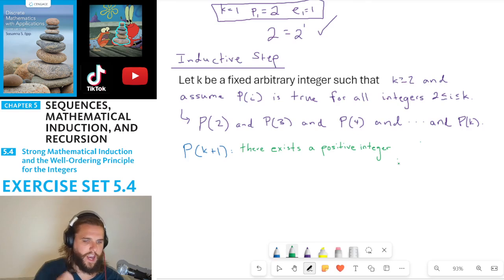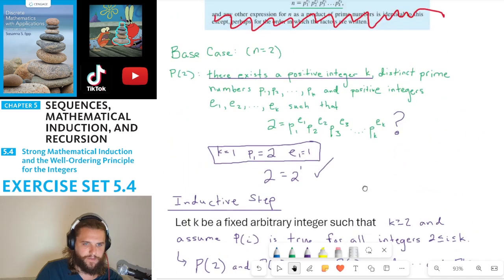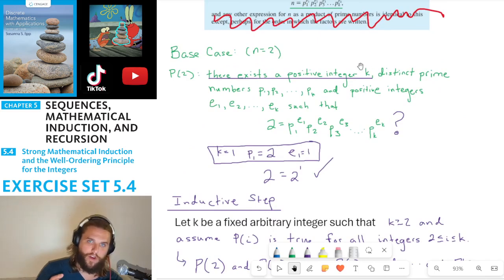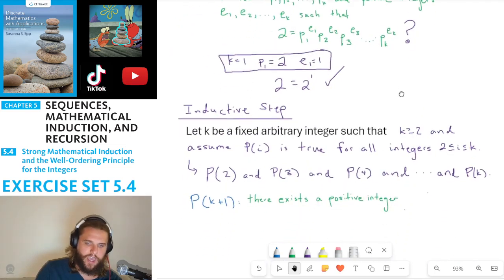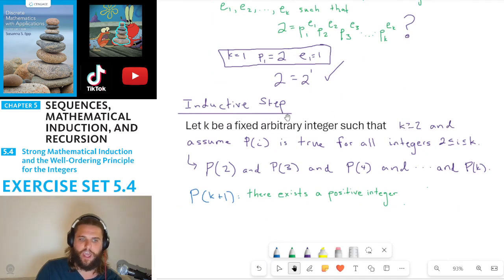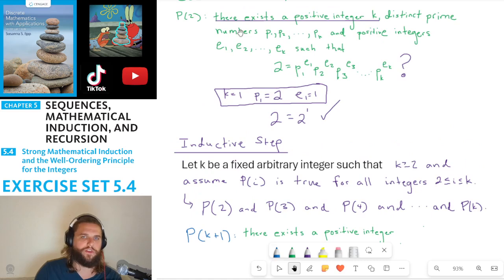Now we have to be careful with p of k plus 1, because if you remember, in the base case, I mentioned that p of 2 says that there exists a positive integer k. This k is a local variable in that it only extends to the base case. This integer k is distinct from this integer k in the sense that these are two completely different parts of the proof. And so the variable k in the inductive step is only local to the inductive step.